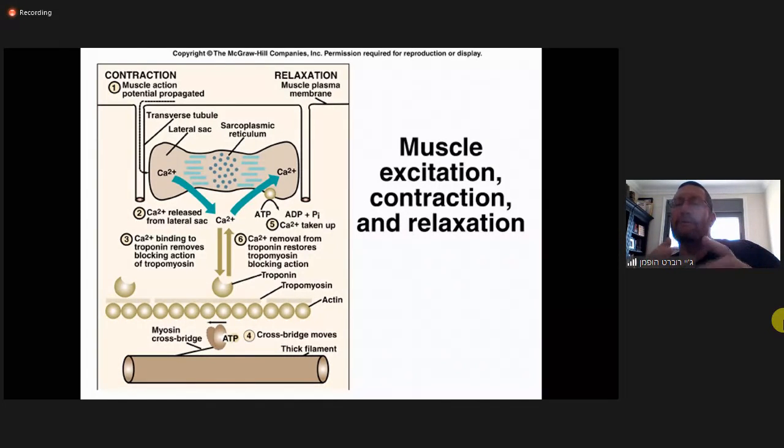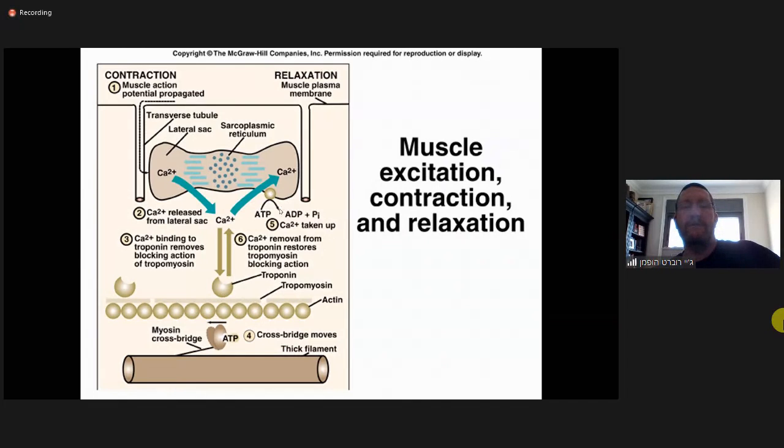Once the threshold level is reached within the cell, it creates the action potential that goes down the transverse tubule, then releases calcium from the sarcoplasmic reticulum. So as the calcium is released from the sarcoplasmic reticulum, it then binds to the troponin molecule that removes the blocking action of tropomyosin, exposing the active site, which the myosin head can now attach to. Then it causes a ratchet-like movement between the actin and myosin molecule.